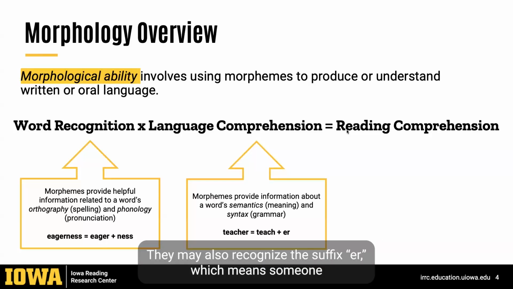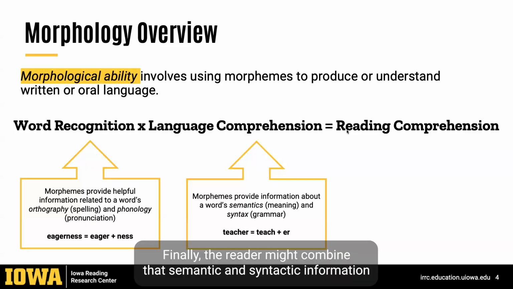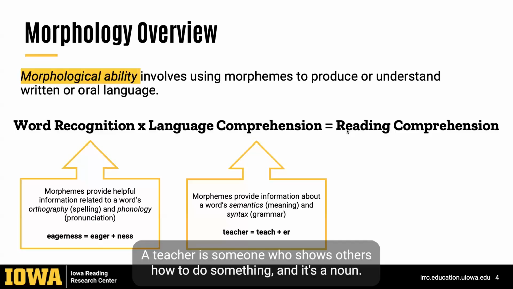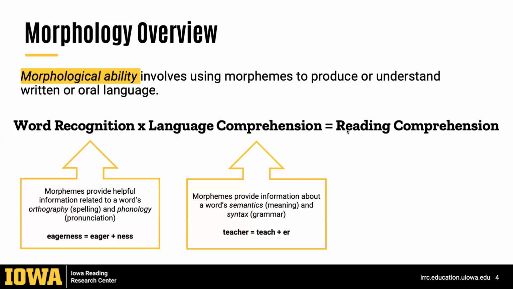They may also recognize the suffix which means someone who, and indicates a noun, or its part of speech. Finally, the reader might combine that semantic and syntactic information to determine the meaning and part of speech of the whole word. A teacher is someone who shows others how to do something, and it's a noun.